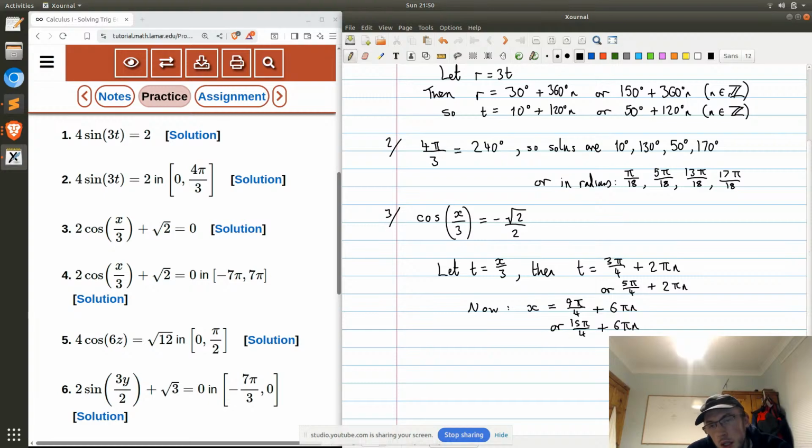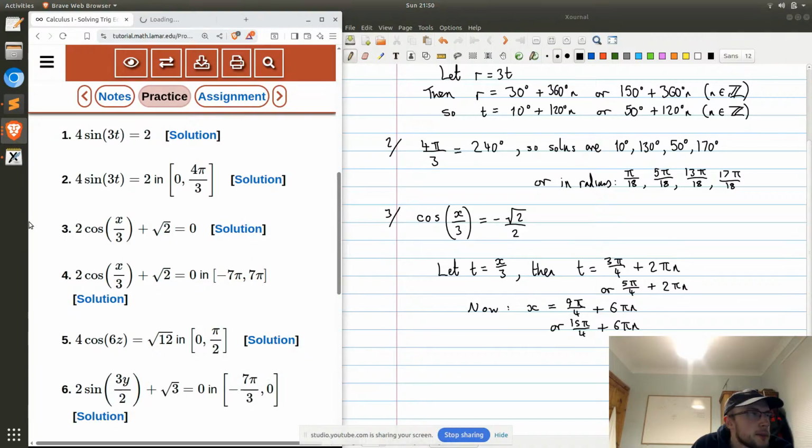But they will probably want that within the principal range somehow, probably. But we'll see.